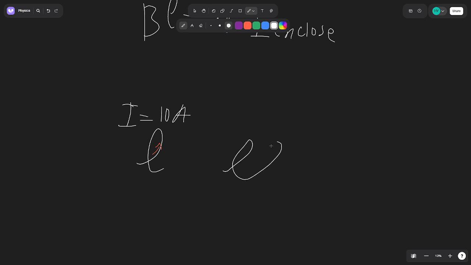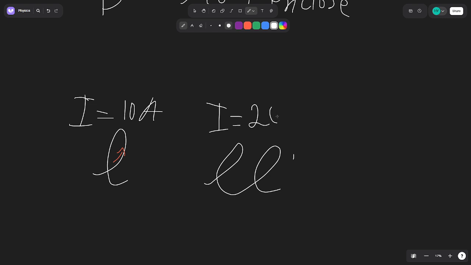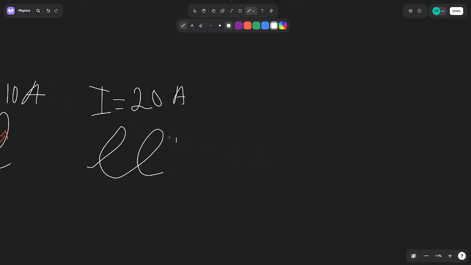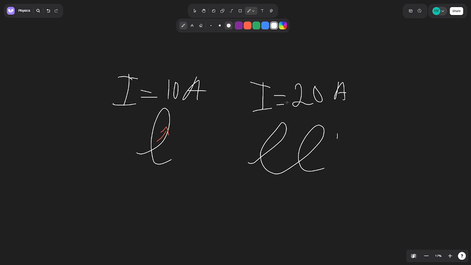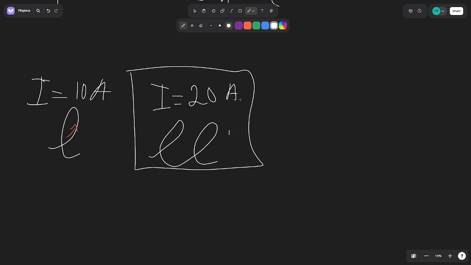What if there are two loops? What is the current? The current is 2 times bigger. So this is 20 amps. The current depends on the amount of loops, because the current flows around the loop twice in that case. Therefore the current is 2 times more.